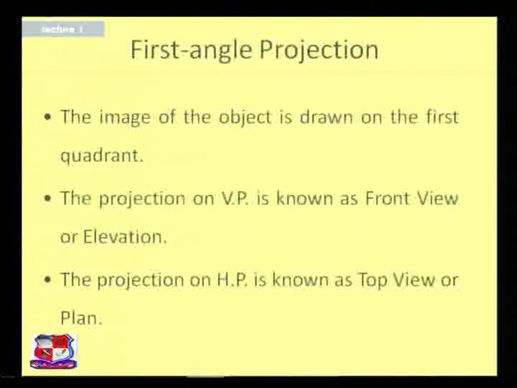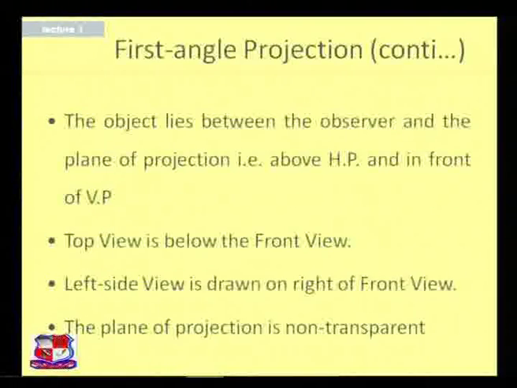That is just the revision. So for this first angle projection method, the projection on the vertical plane is the front view or elevation. Now the projection on the horizontal plane, when we see from the top, the projection of the image will be observed on the horizontal plane, so it is said to be the plan.